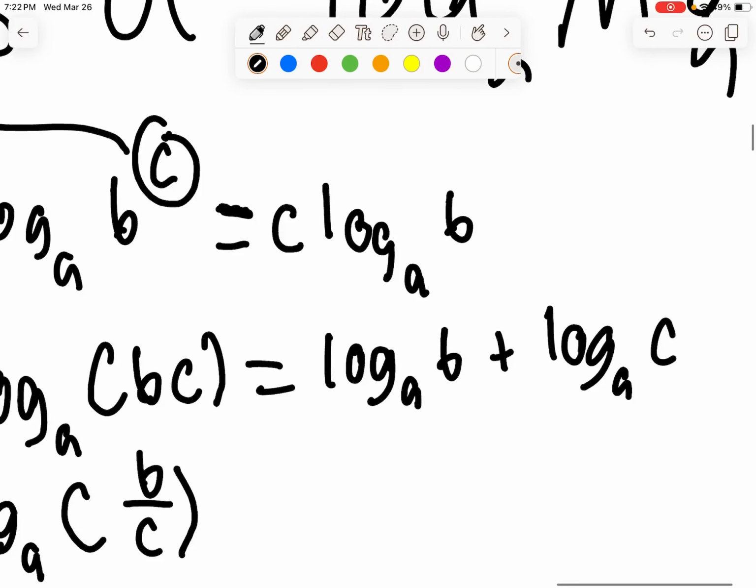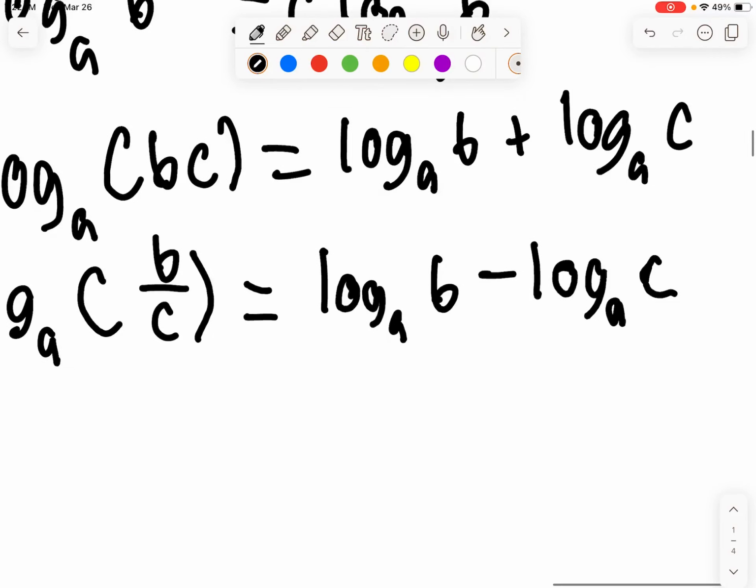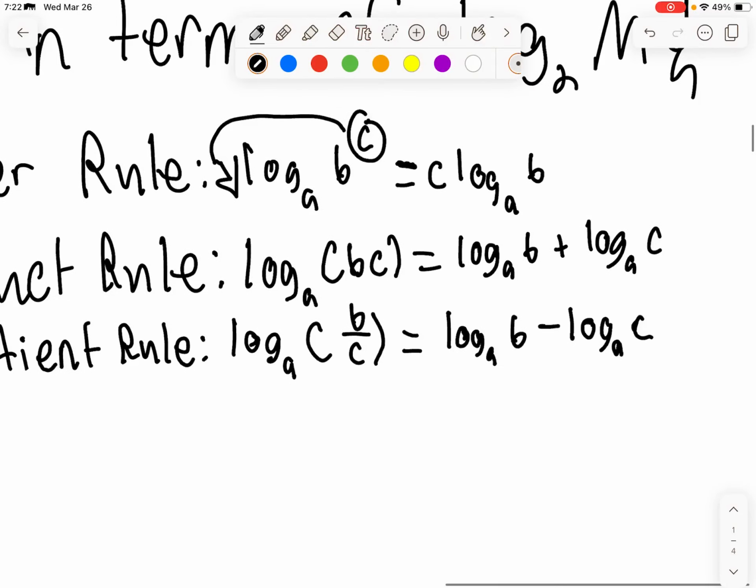Well, the same idea is for division. Just separate them. Instead of having a plus, just a minus. So if you forget one of them, if you can remember the other one, it'll help you remember. It's a little memorization tip for you all.